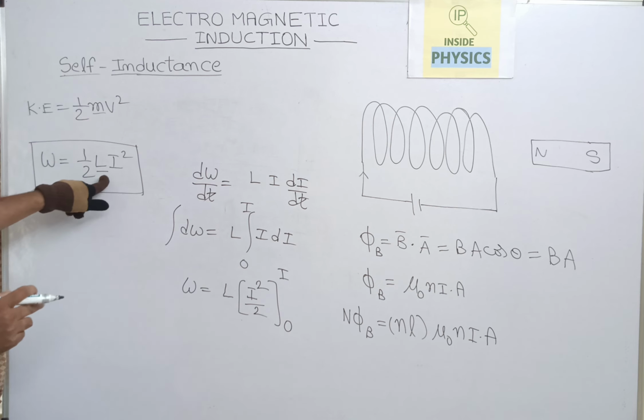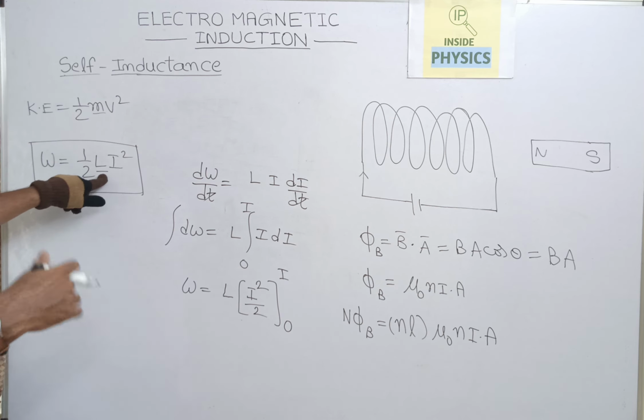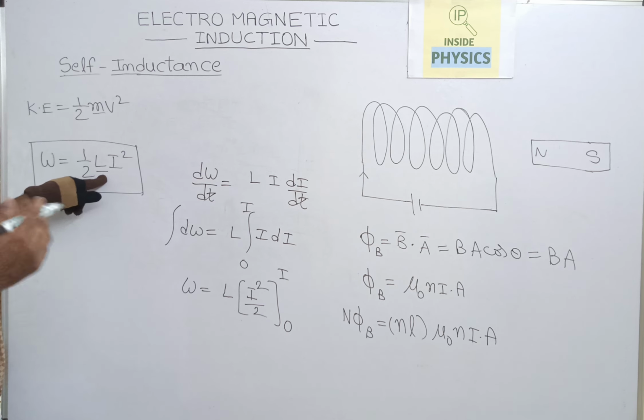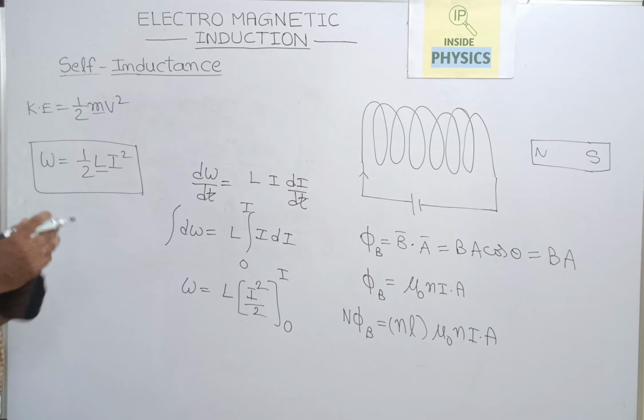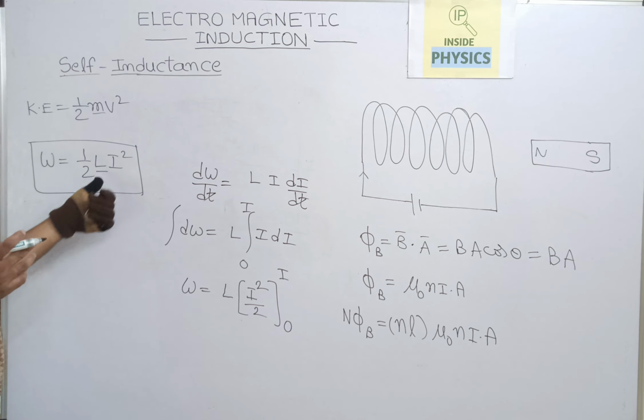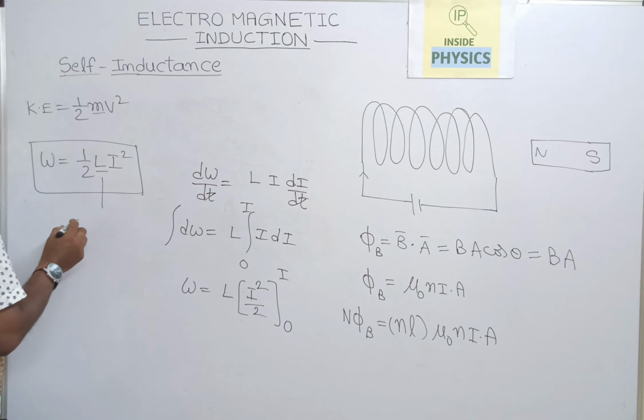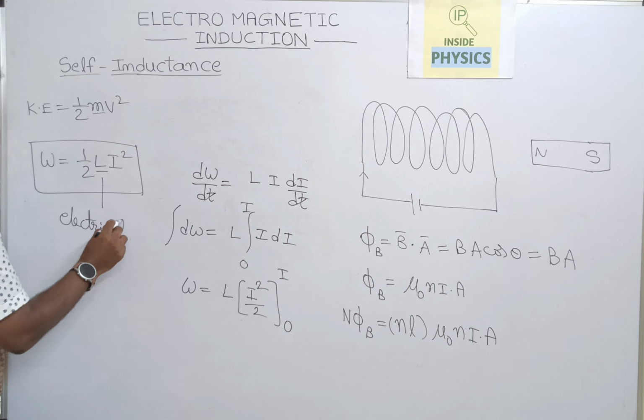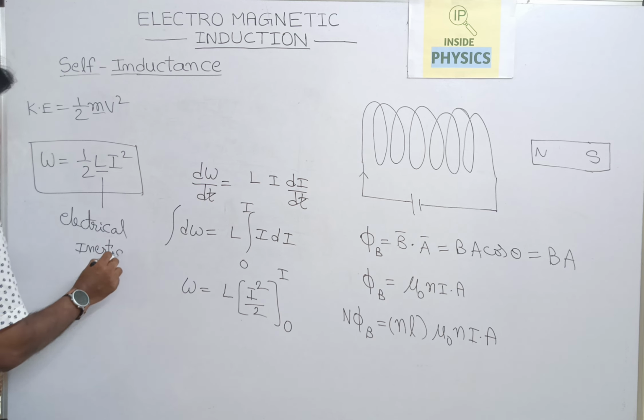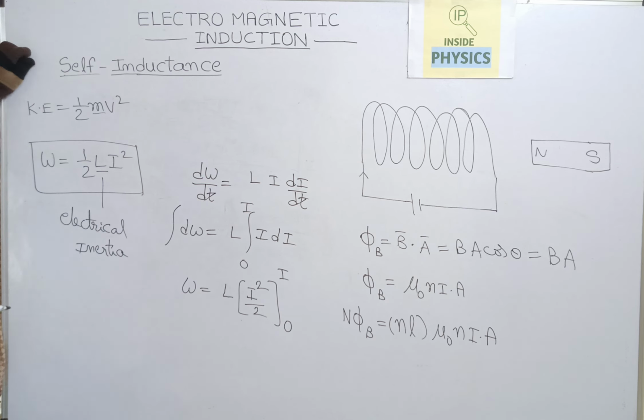So just as mass opposes the motion of objects, L, the self inductance, is opposing the growth or decay of current in the solenoid. So this can be considered as electrical inertia. Just like the inertia due to mass in our mechanics opposes the force, we have inertia of rest, inertia of motion, inertia of direction.